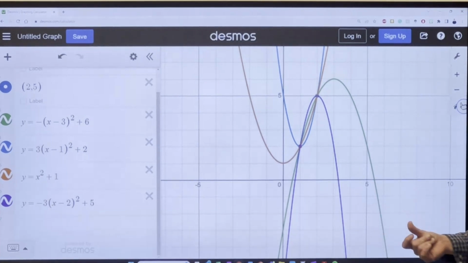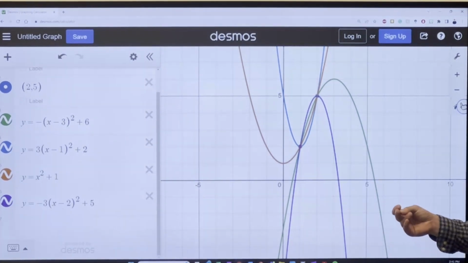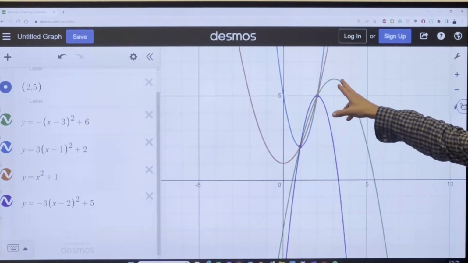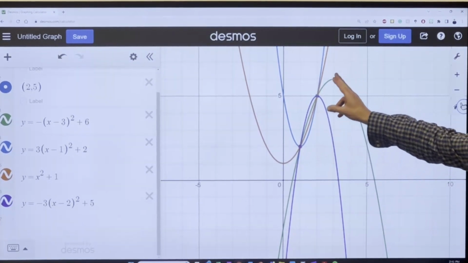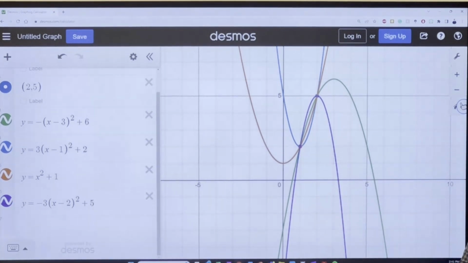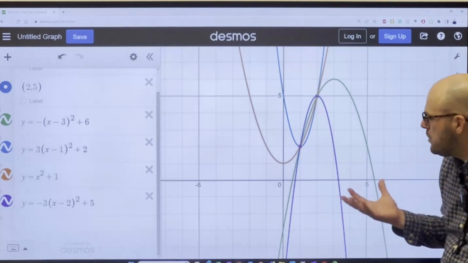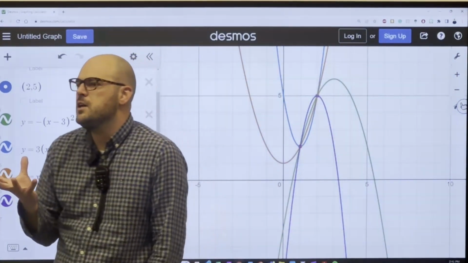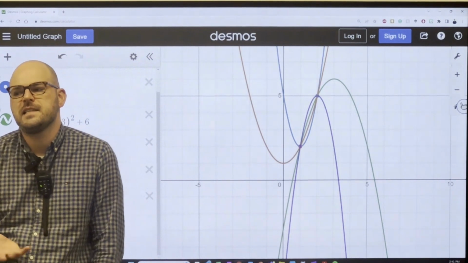So we flipped it around, we moved it. Some people said, I'm going to make one of those my vertex. Some people said, I'm going to start where I know the parabola pattern will go through it. Some people just moved it up 1 and it worked. What if I wanted everybody to get the same equation?